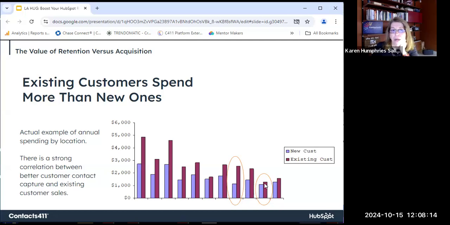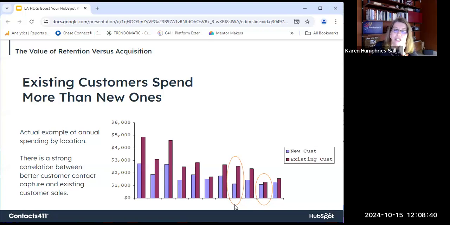But this location on the right, the existing customer, barely increased. It's not because they offer different products. It's because their point of sale capture rate of customer contact information was a third of what this location on the left was. So what that means is constant continuous communication matters.